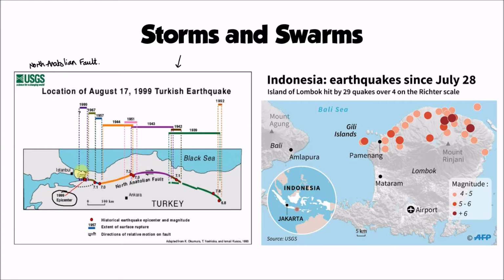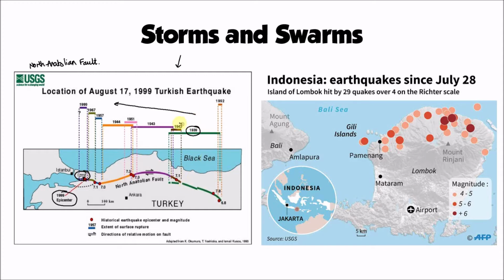The city of Izmit experienced a sizable earthquake, a magnitude 7 earthquake. And we can see that in the past, earthquake activity has moved along the fault line broadly in the direction of Izmit. So in 1939, this green section of the fault was affected by an earthquake.